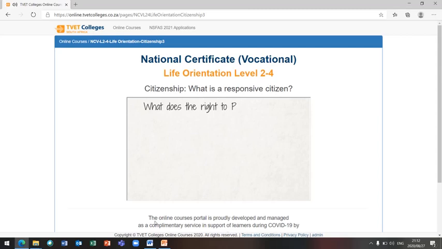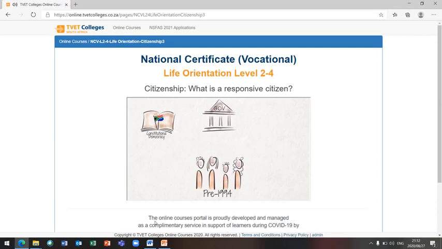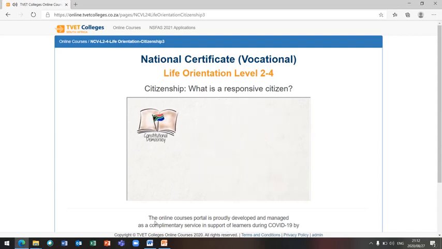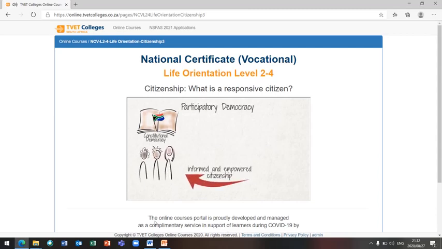What does the right to public participation mean for government? When South Africa became a constitutional democracy, its governance framework changed from one that was racially exclusive to one that is broadly representative, in the sense that all South African citizens have the right to vote and to participate in democratic decision-making processes. South Africa's constitution requires public administration to foster participatory democracy on the basis of informed and empowered citizenship.